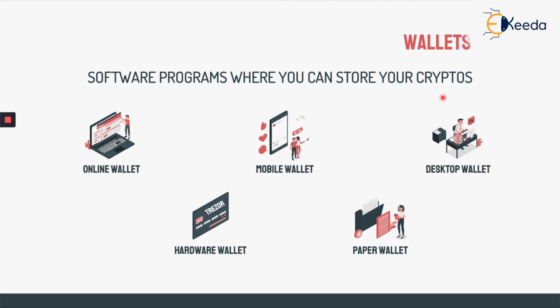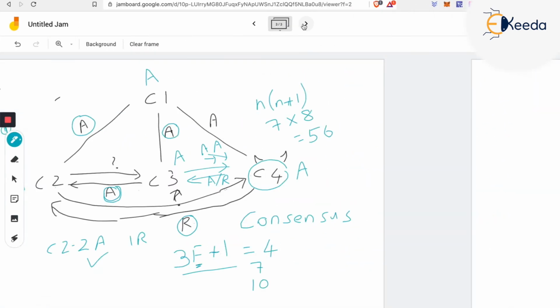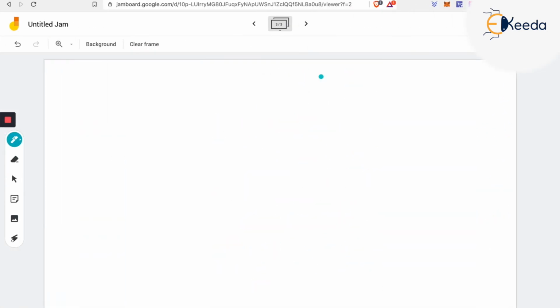Why do I say that? Let's look into this. There is a blockchain called Bitcoin or something, any blockchain for that matter. Take this blockchain, and here it will say Raghu owns 5 bitcoins. How do I own 5 bitcoins?